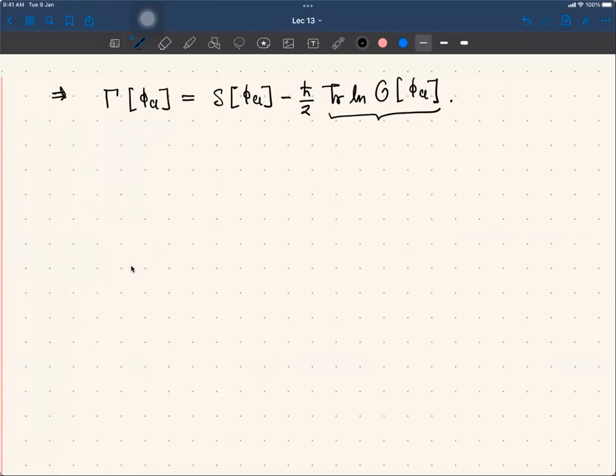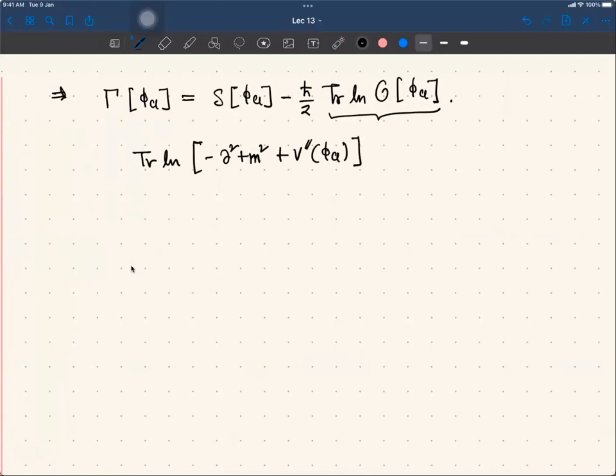This is basically trace log of minus del squared plus m squared plus V double prime of phi cl.